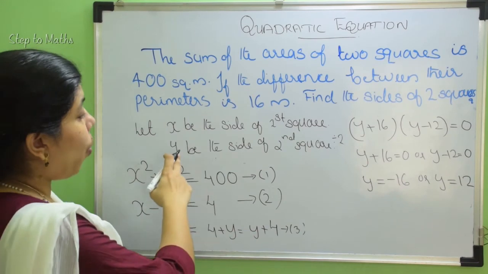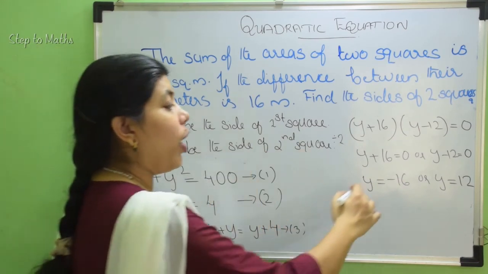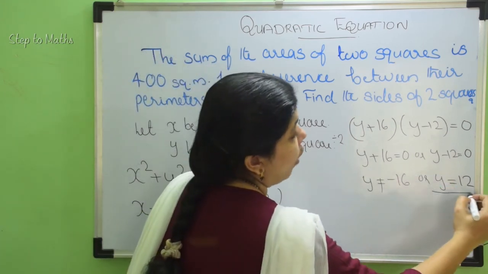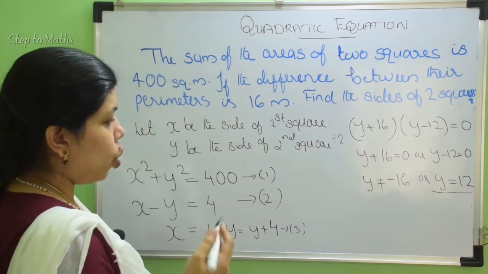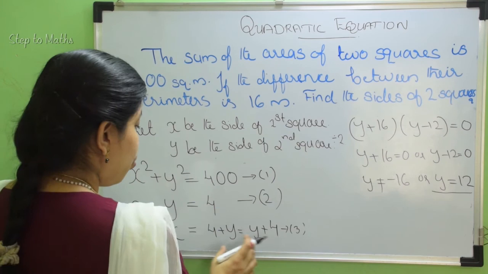Here we take y as the side of the second square, so y cannot be minus 16. That means the value of y is equal to 12.